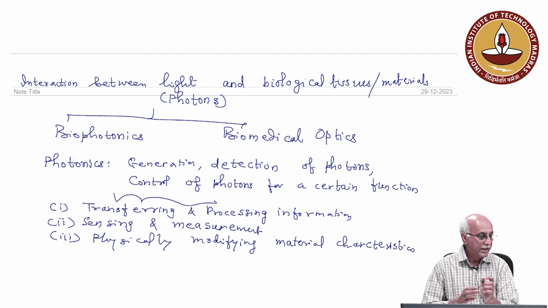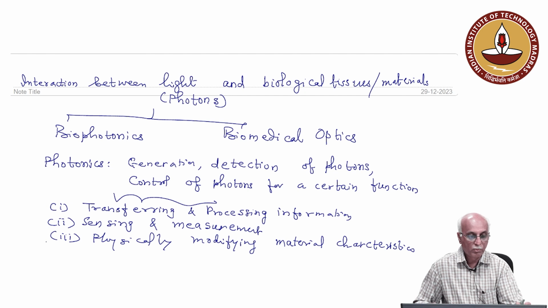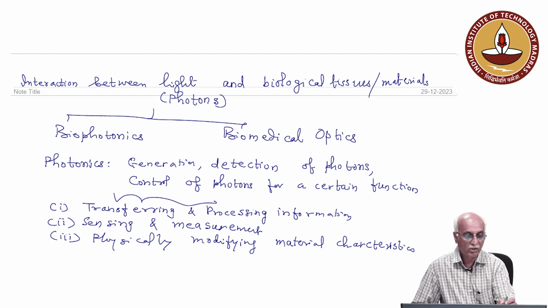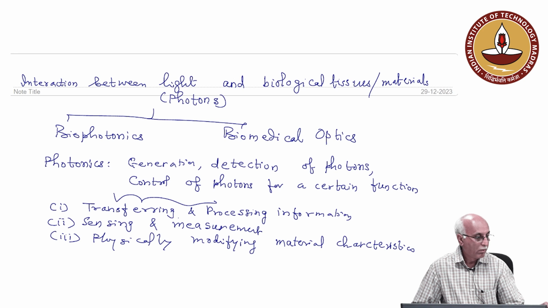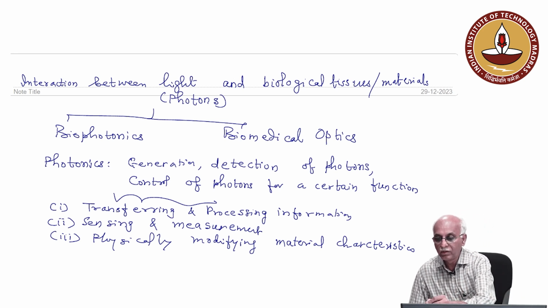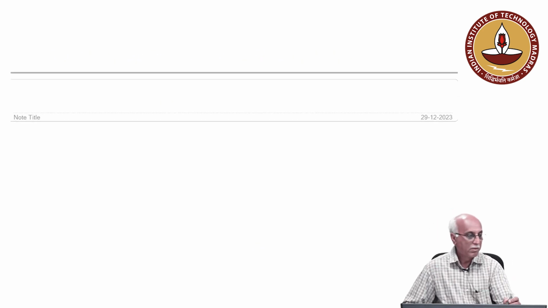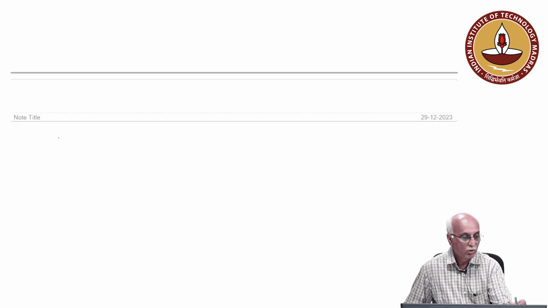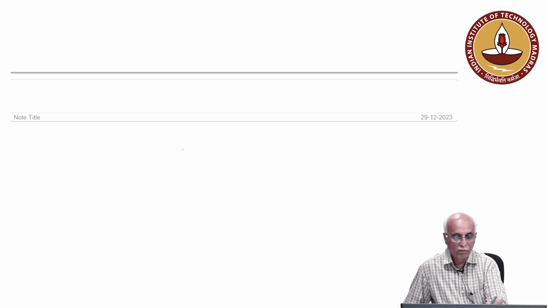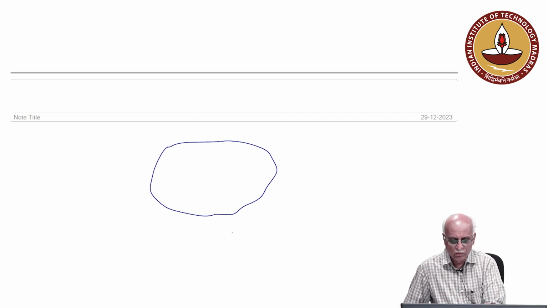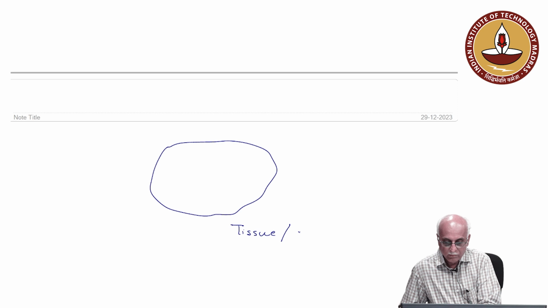So, how exactly do these aspects come into the picture? In this class we will try to learn through photon and material interaction. So, how exactly do photons interact? Let's consider a tissue, or an organ, which is made up of cells.